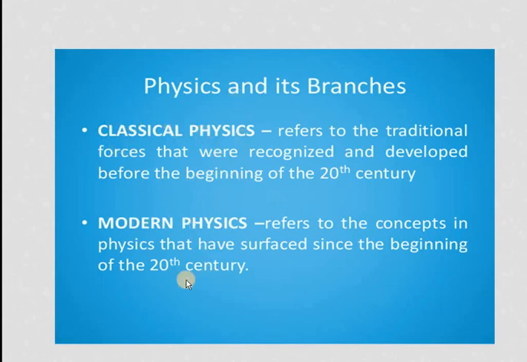Then, modern physics means all the discoveries and experiments that scientists have been following from the beginning of the 20th century till date. In simple words, classical physics is the old physics up to the 19th century, and modern physics is the latest physics, the new physics, which we are following now from the beginning of the 20th century.